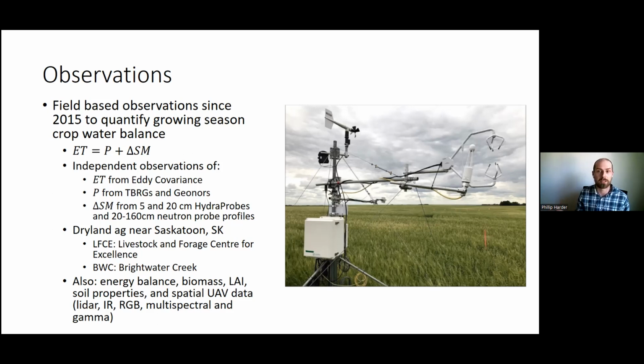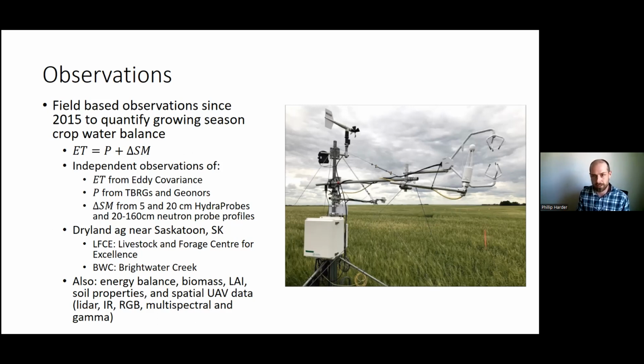So if we look at the growing season as a whole, generally, evapotranspiration is equal to precipitation plus a change in soil moisture, because prairie soils tend to have very high infiltrabilities and limited runoff. So we want to try and close this water balance as best we can with independent observations.